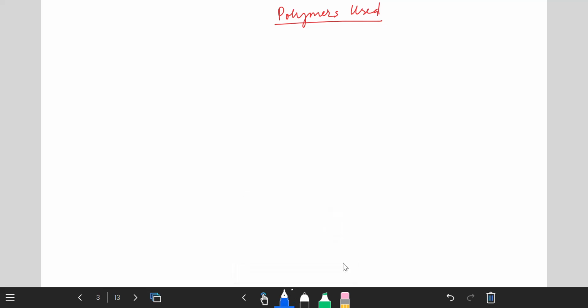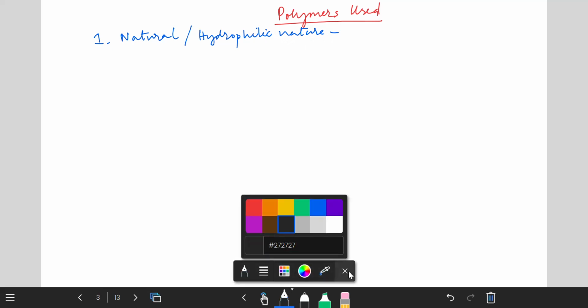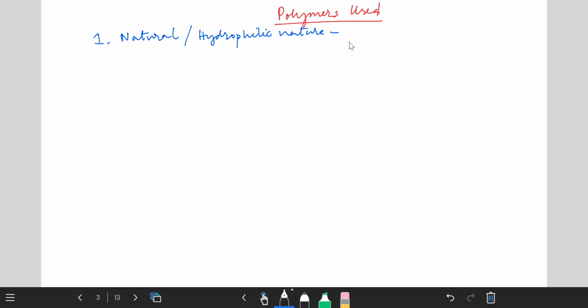First one is natural polymer, which shows hydrophilic nature. In the natural polymers, albumin and gelatin, these kinds of proteins are used.